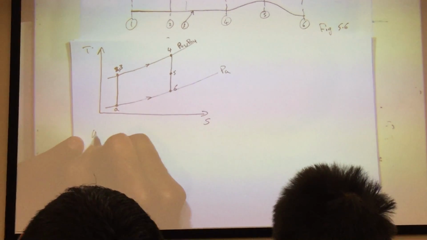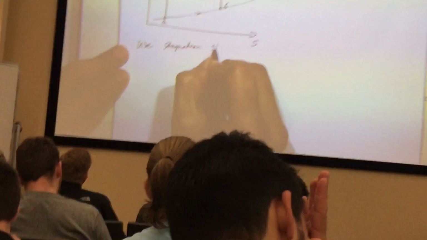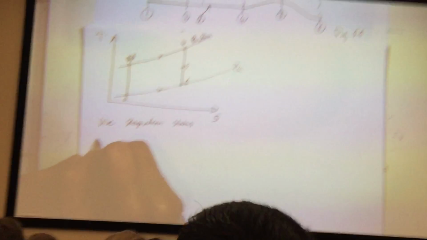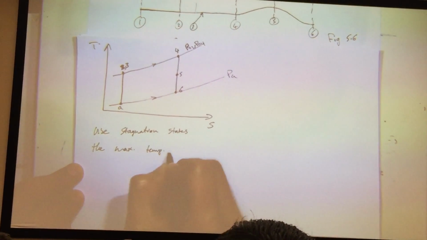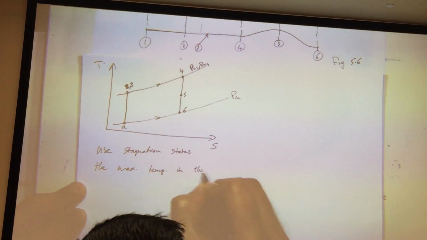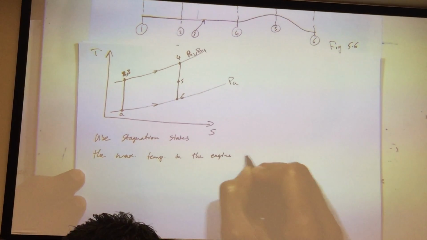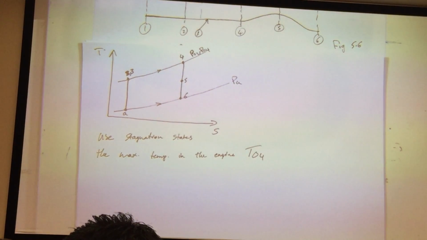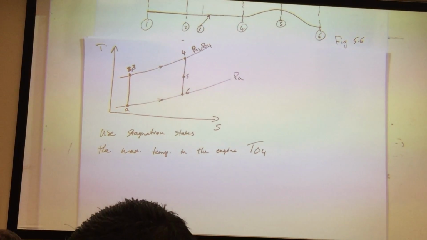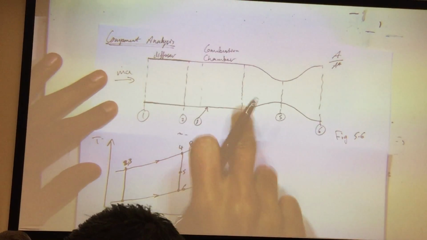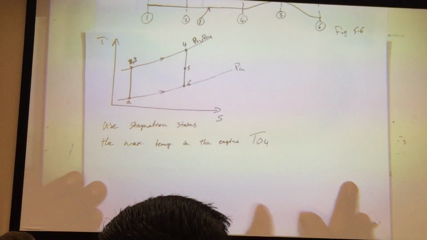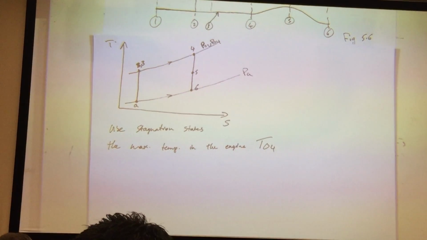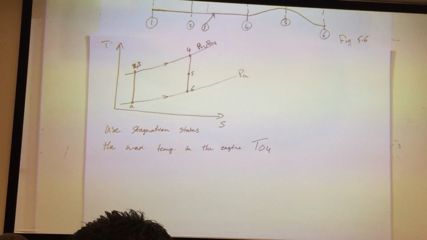So in general, we want to use stagnation states. The max temperature in the engine is actually T04, the stagnation temperature at the exit of the combustor, right here. And you definitely need film cooling for a ramjet engine because the temperatures are so extreme.